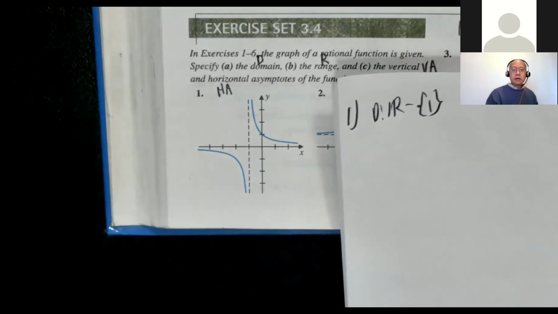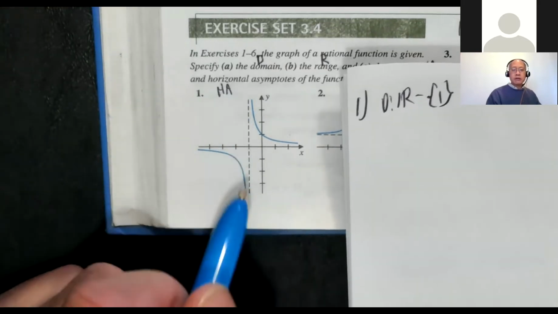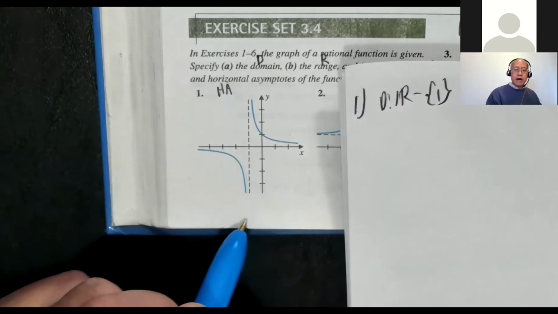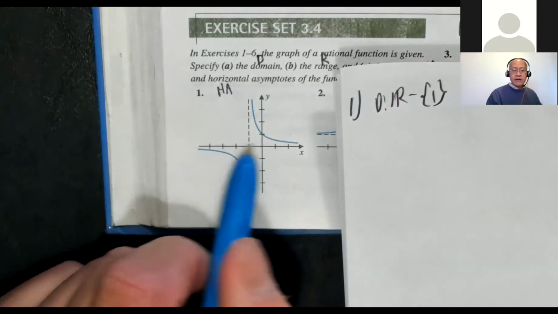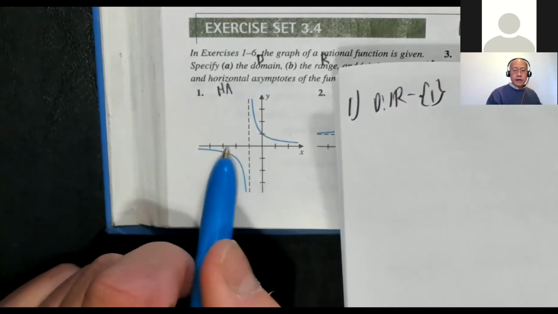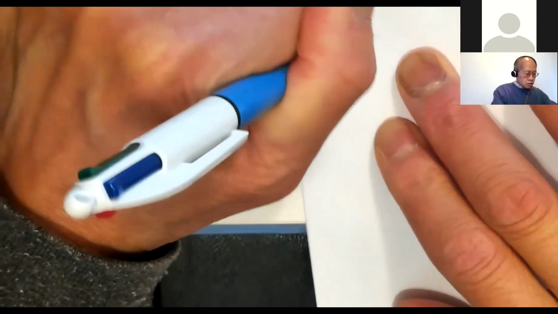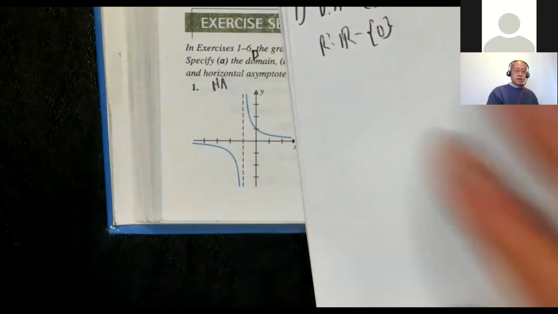And for the range, how high and how low, well, it goes as far down as you want, it goes as far up as you want. It looks like the only y value that's excluded is 0, right? So y cannot be 0. So for the range, all real numbers minus the set consisting of 0.